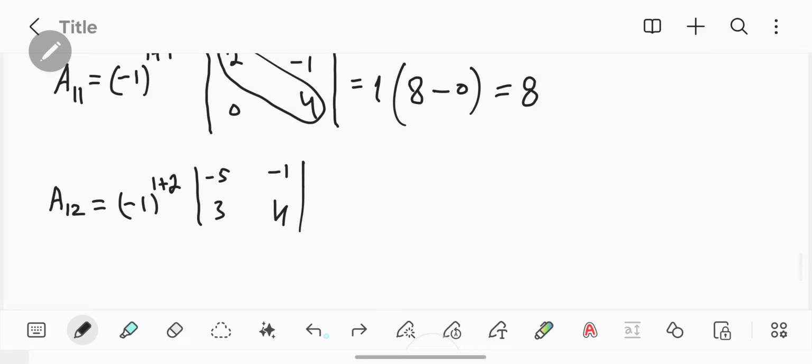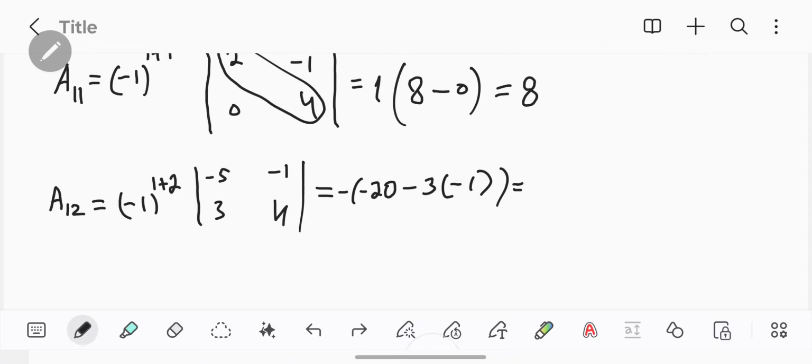Since minus 1 to the power 1 plus 2 is negative, because it's minus 1 to the power odd number, times the determinant of this matrix, which is just the product of these two, which is negative 20, minus the product of these two.